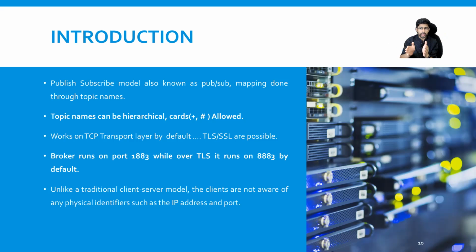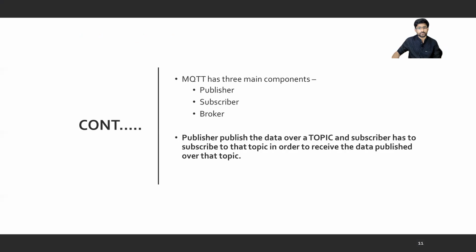I will talk about that in more detail, but just giving you an idea that these two entities are going to communicate through a broker. So they don't need to know who the publisher and who the subscriber is. It means the publisher doesn't need to know about the subscriber directly, and the subscriber doesn't need to know about the publisher directly. That's the meaning of this last statement.